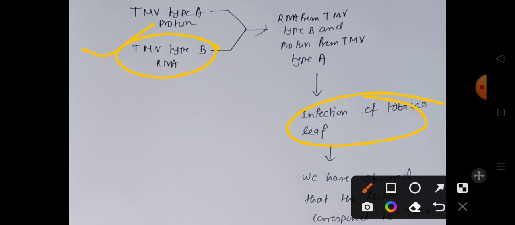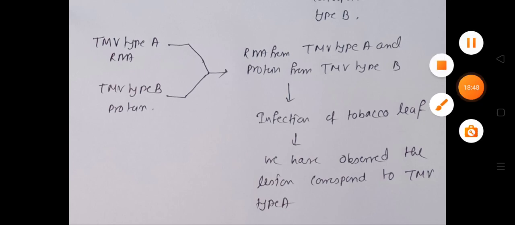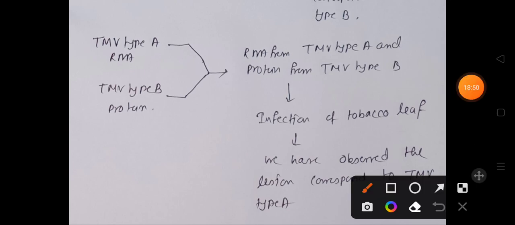And why is this so? Because we have used type B RNA for the generation of this hybrid virus, right? Similarly, in the other experiment, they observed that the lesion in the tobacco leaf is due to the presence of type A RNA, right?